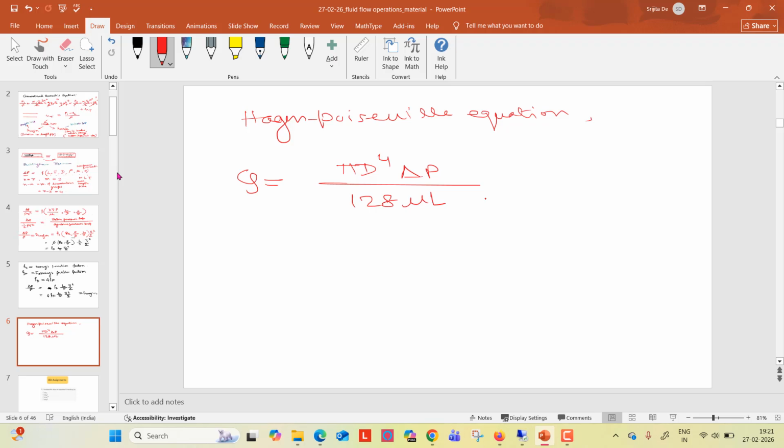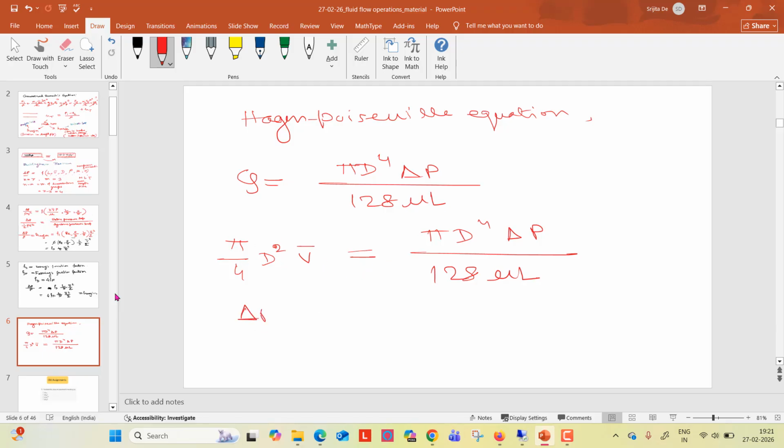Now Q can be written as V into A. A means the area of the pipe, so that is pi by 4 d square, and this is V, the velocity, equals pi d to the power 4 delta P by 128 mu L. Now what is coming?